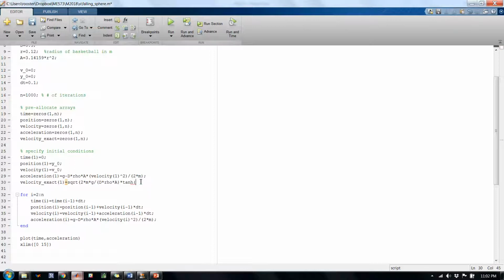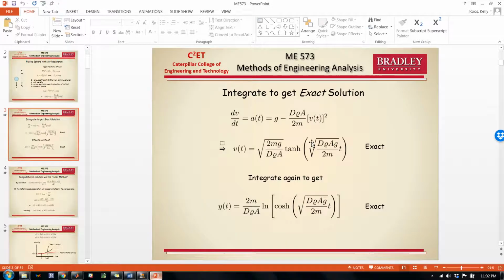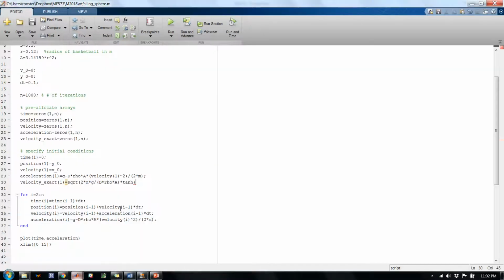The hyperbolic tangent of, now let's look back at the equation real quick. There's another square root of stuff here, and then times the time, and it's going to be t, or the time at that current time step. So let's do the square root of the stuff first here. That's going to be d rho ag over 2m. Let's remember that.